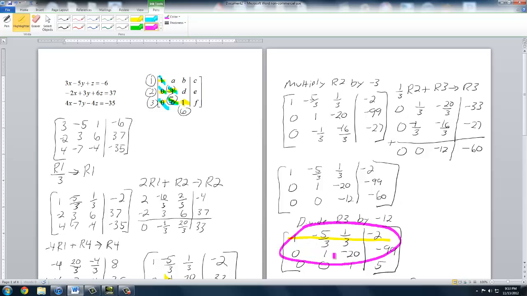Then this changes, and you take row 3 times whatever number is the opposite of this one to cancel it out, and row 3 times 20 to cancel this 0 out. Those would be the extra steps for reduced row echelon form, but you do not have to. Okay, thank you very much.